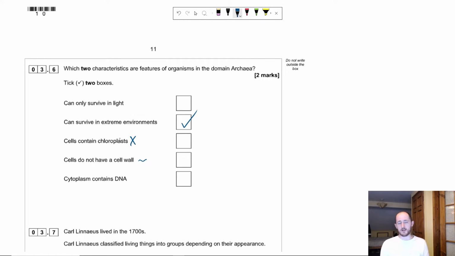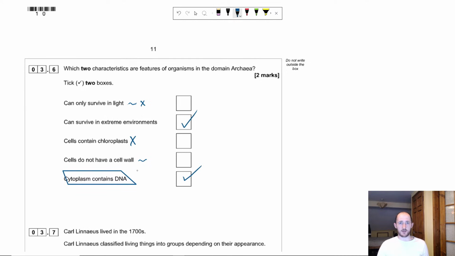Maybe, because animals don't have a cell wall either, but plants do. Can only survive in light? No. If you think about where extremophiles are found, they're found near volcanic vents deep under the ocean, so that's a complete no. The cell wall? Maybe. But this thing here is 100% true. So it's those two things.